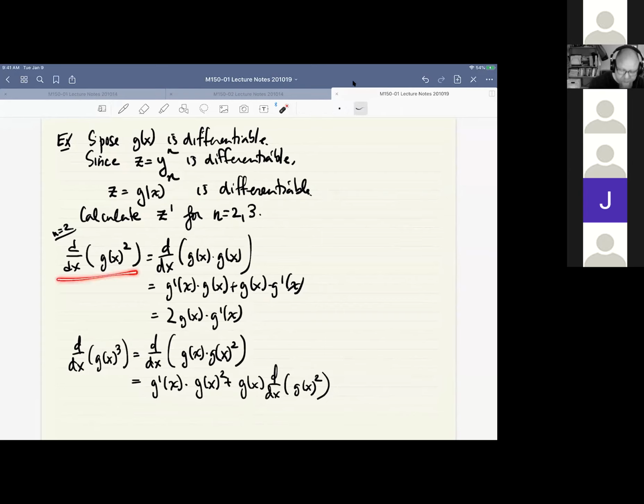We just calculated the derivative of g of x squared. It's this, so I can recopy it in. And what do I get? I get g prime of x times g of x squared plus g of x times 2 g of x g prime of x.